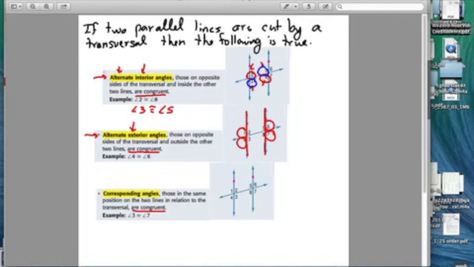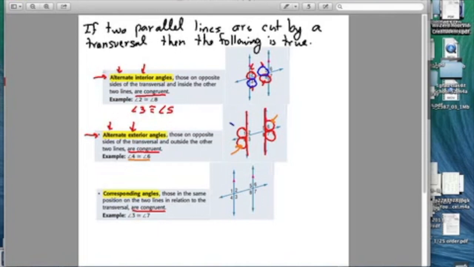Now again, it says alternate exterior angles, so it says those on the opposite side of the transversal. And they tell us that angle 4 and angle 6 are congruent. That's the one that they give us. Well, there's another pair of alternate exterior angles, and can you guess?